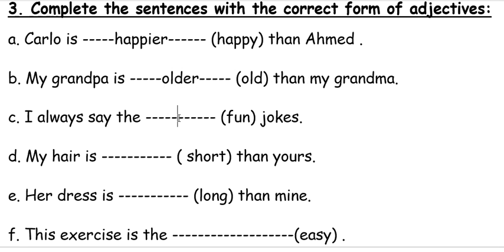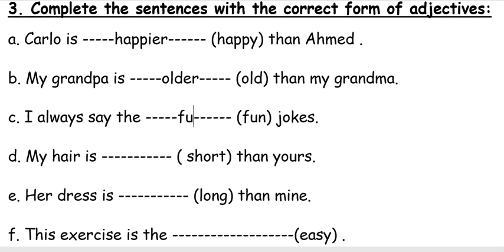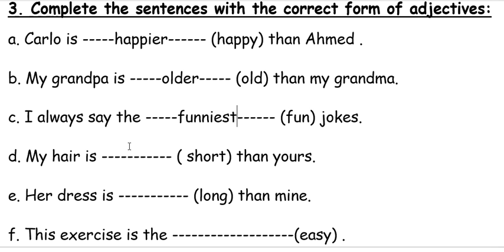I always say the funny jokes. So I'm going to say the funniest jokes. Funniest, double N-I-E-S-T. And then we are going to say my hair is the short than yours. So I'm comparing between my hair and yours.